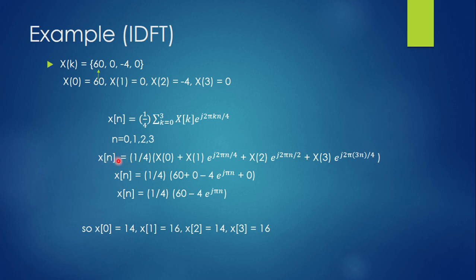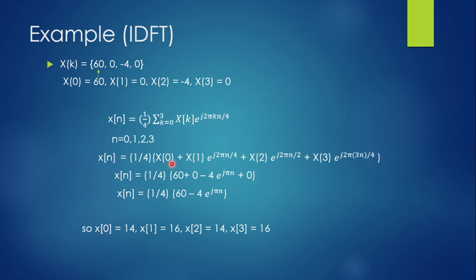Now xn will be 1 upon 4 x0. Then it is x1, put a 1 over here and put 1 over here. Similarly, x2, 2 over here. x3, 3 over here.